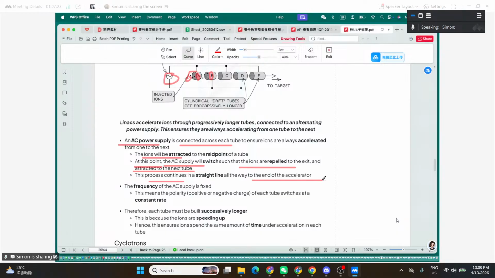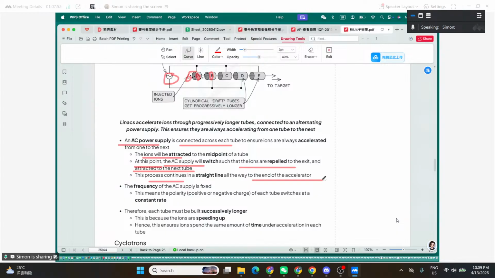Another process is the frequency, and the frequency is controlled by the AC supply. The frequency of the AC supply is kept constant, it's fixed, which means the polarity, positive or negative, of each tube switches at a constant rate.